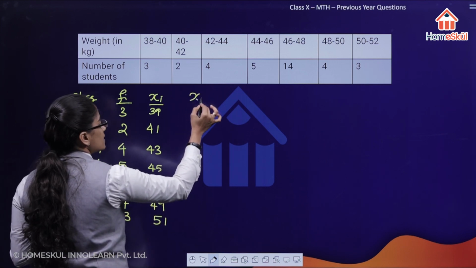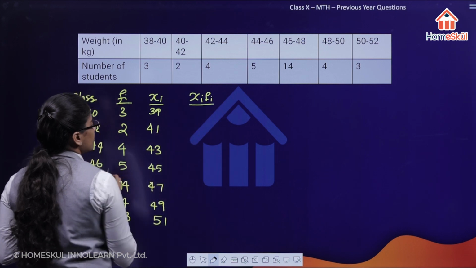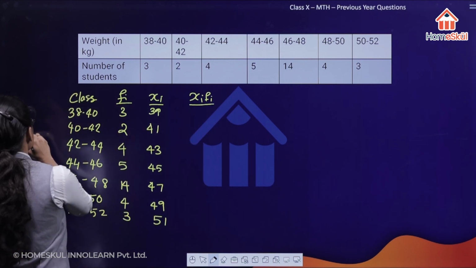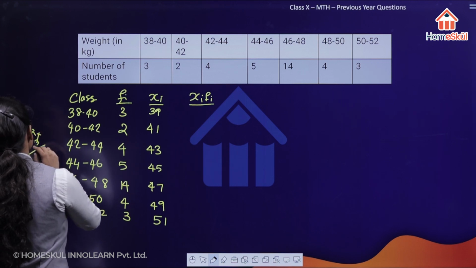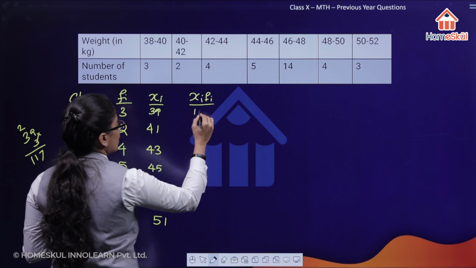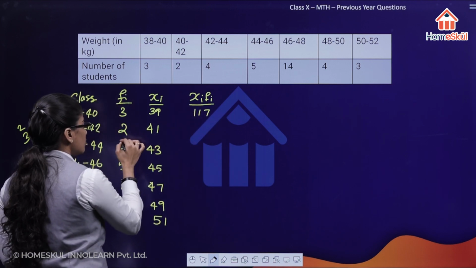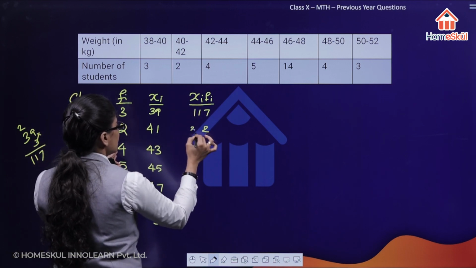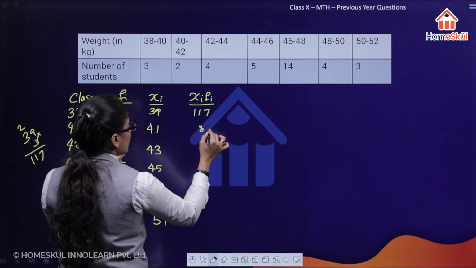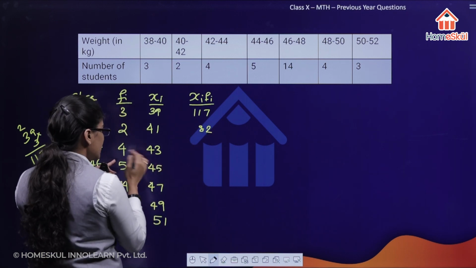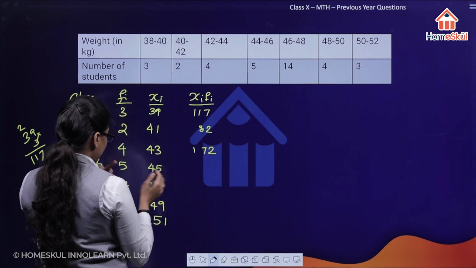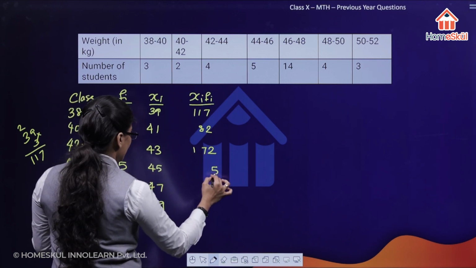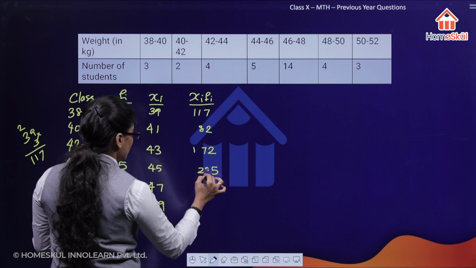Now, xi fi, we need to find out what is xi fi. 39 into 3 is 117. Then 41 into 2 will be 82. Then 43 into 4 will be 172. Then 45 into 5, 5 fives are 25, it is 225.